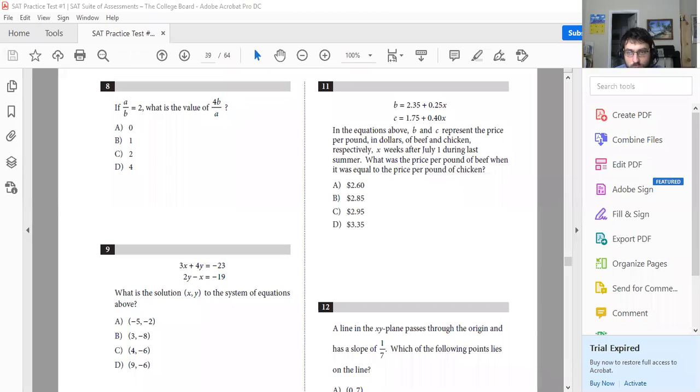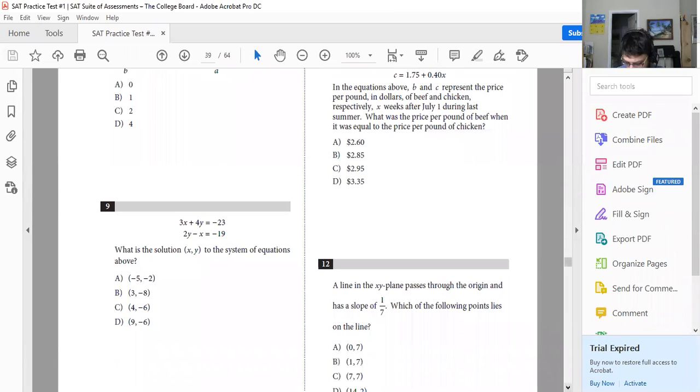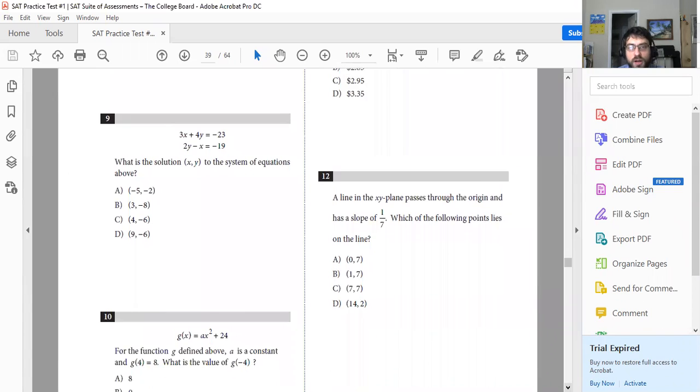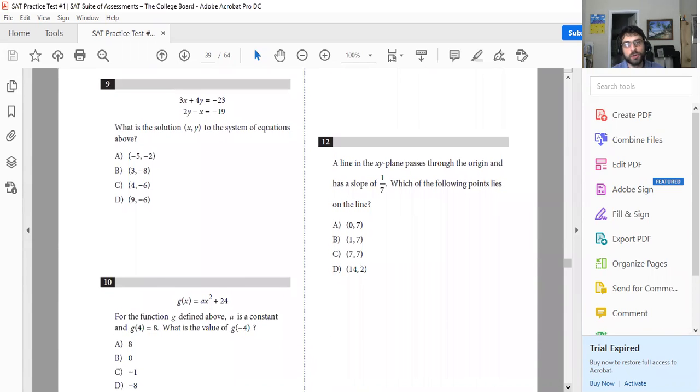Let's go to number 12. A line in the xy plane passes through the origin and has a slope of 1 over 7. So y equals 1 over 7 x. It goes through the origin, so you could have 0 if you want. Which of the following points lies on the line?